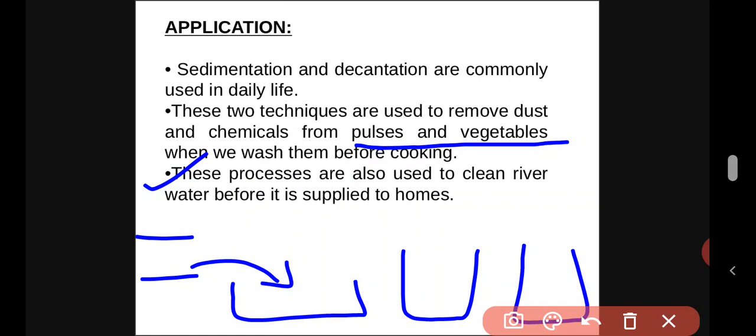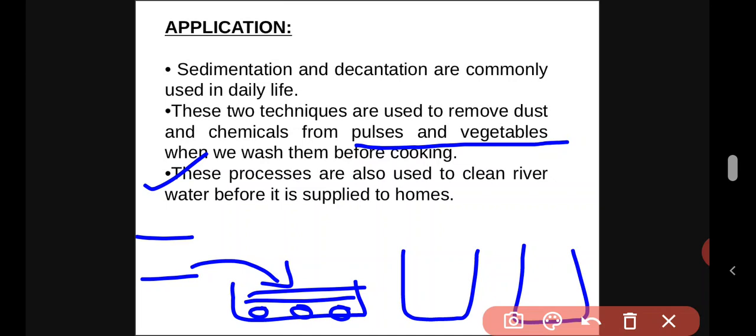Now you know what the sedimentation process is. The heavy boulders remain down there, and only the water above will be there, so we separate the heavy boulders and the water. Next, this water is transferred, and decantation happens here.